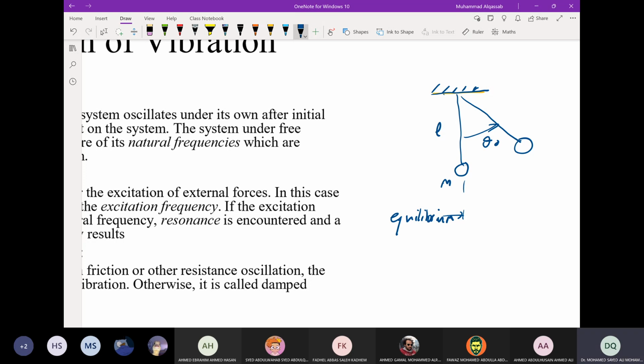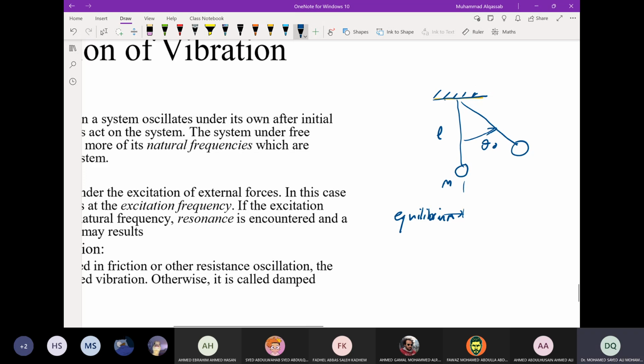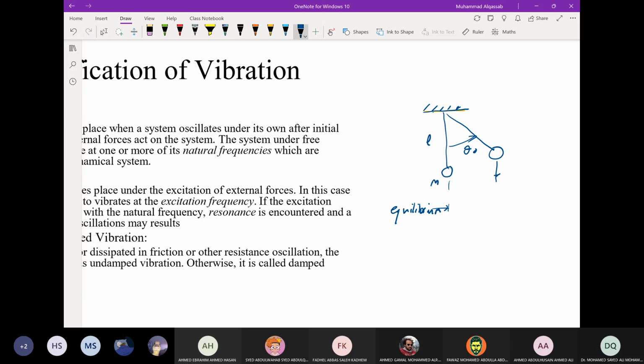What makes this oscillate is the weight, which is mg. There is change in potential energy, change in kinetic energy, and so on. If you assume there is no damping, this will keep oscillating between two extreme points, let's say 1 and 2.